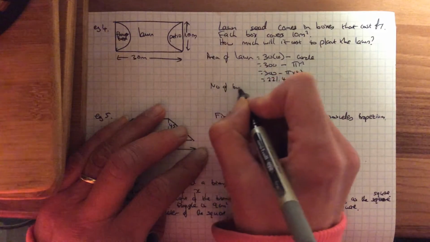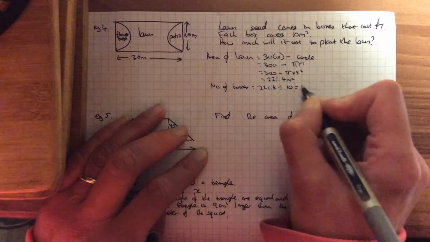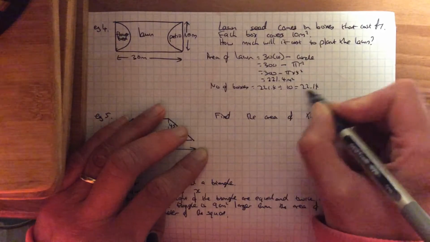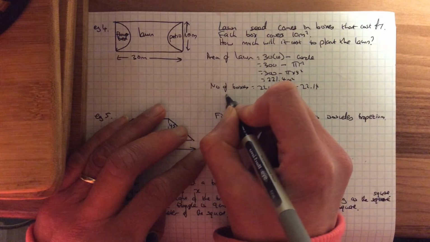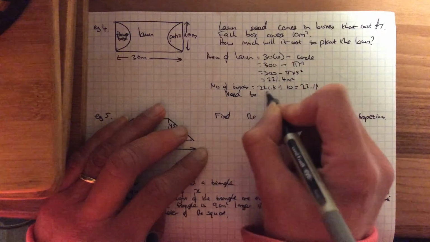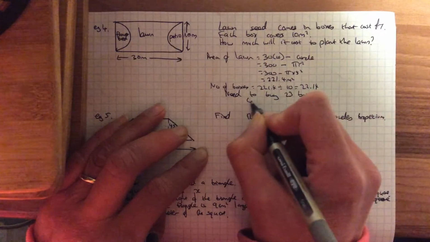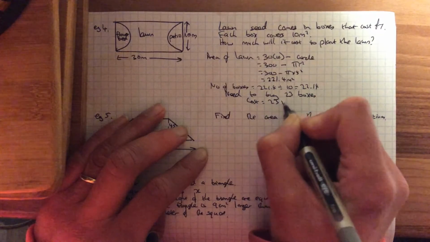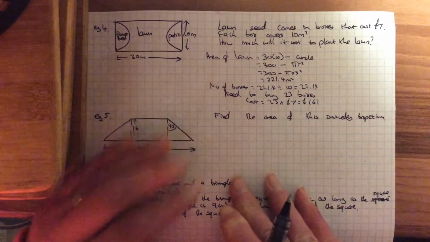So the number of boxes that you need is 221.4 divided by 10. So 22.14. You can't buy 22.14 boxes. So you need to buy 23 boxes. So the cost of 23 boxes, £7 each, gives you 161.